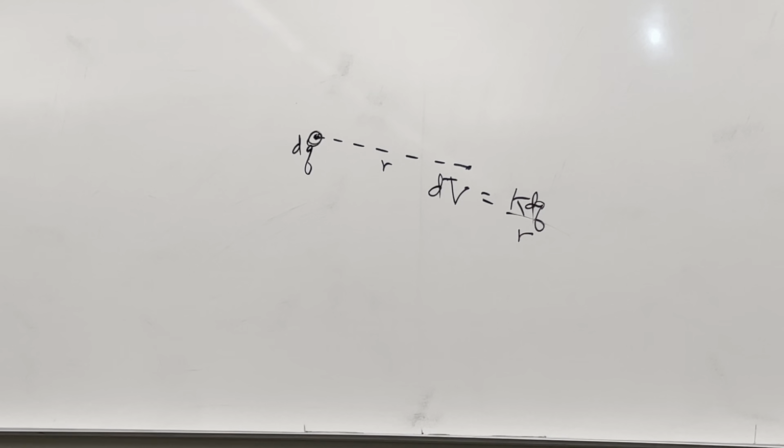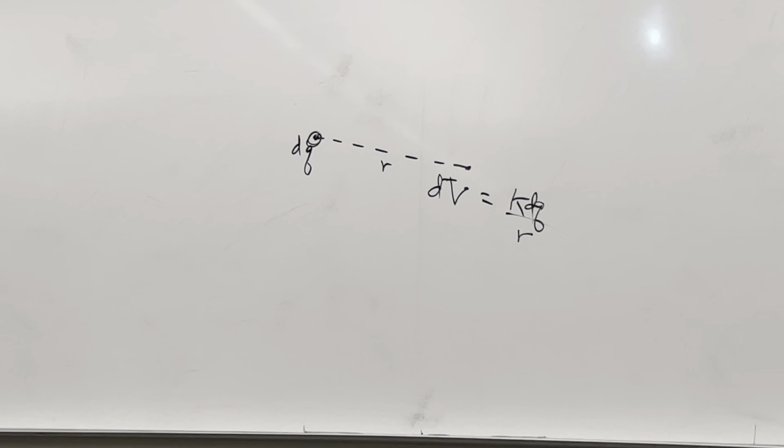So if you write this expression, dV equals k dq, with the understanding that this is the potential just generated by dq, then if I want all of the potential due to all the charge, I have to do the sum. So I integrate both sides. You have to understand what the integral is doing for you. It's doing that sum for you. And the integral of dV is just V.